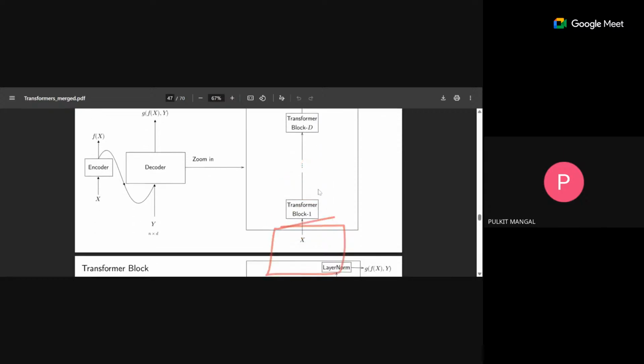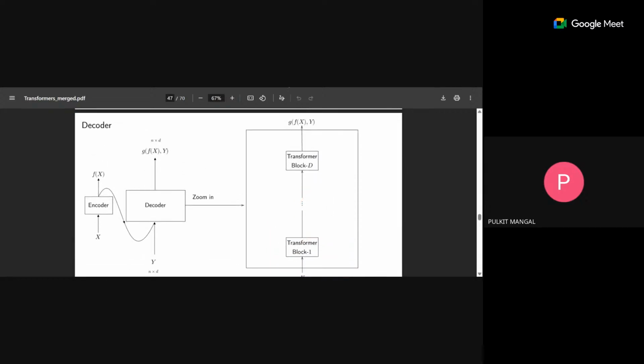For simplicity we are keeping the dimension the same, n cross d here. It takes n cross d as an input, and the final output will be n cross d also, and your output of the encoder is n cross d again. It's going to have multiple stacked transformer blocks.